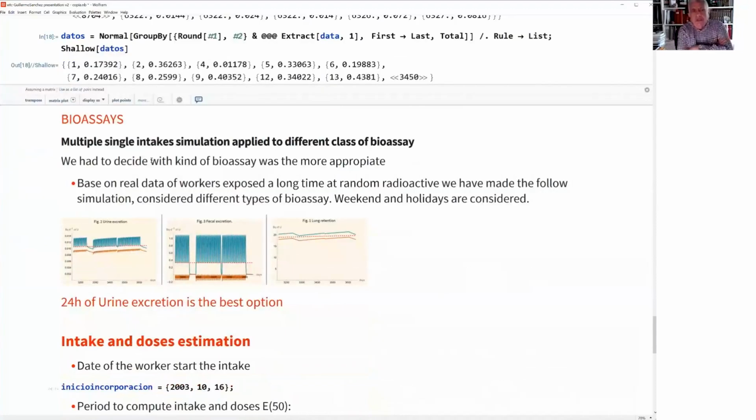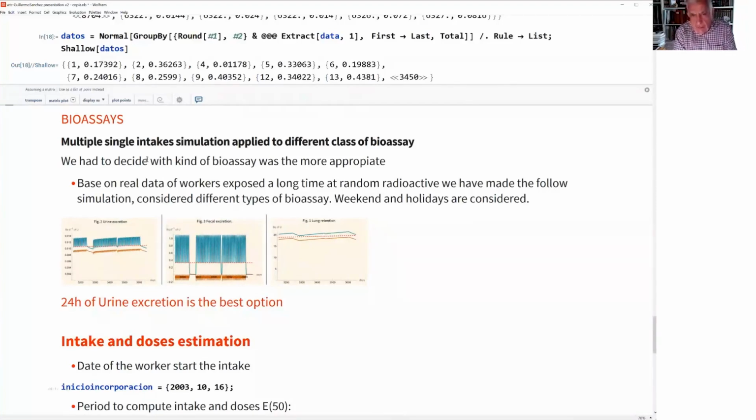Previously, we must decide what kind of bioassay is the most appropriate to evaluate the intake of this worker. Usually in the nuclear industry a reference worker is assumed. Of course, we don't have the information of each worker.